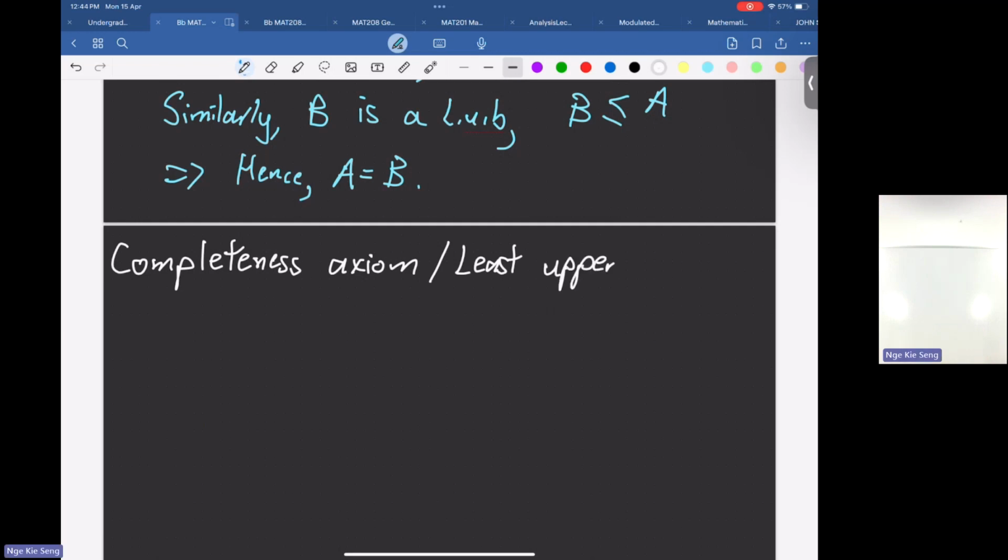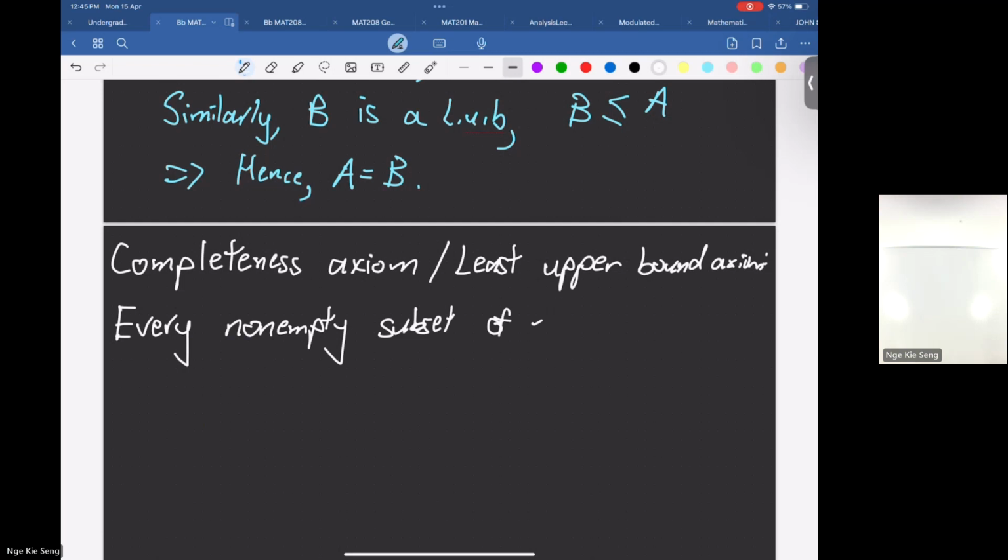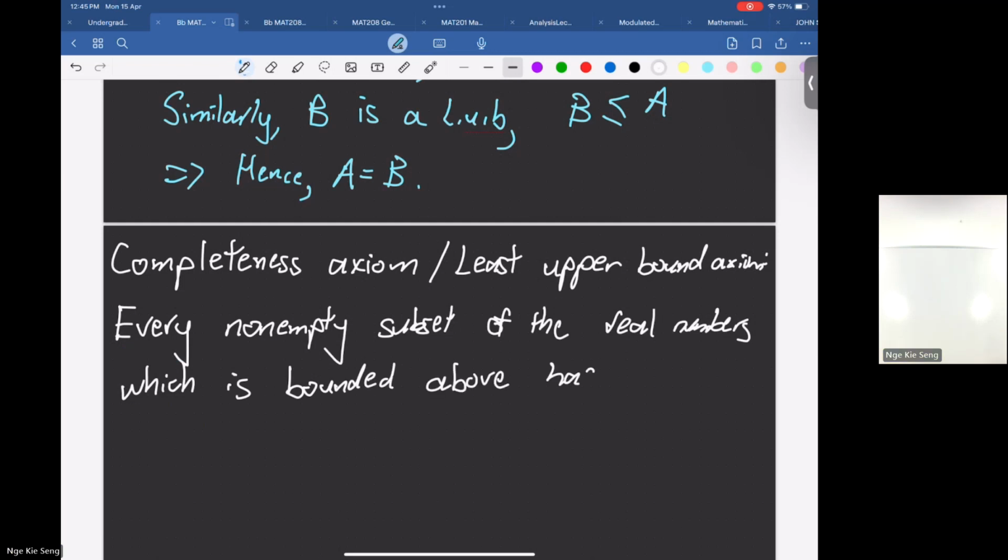What does this axiom do? It says that every non-empty subset of the real numbers which is bounded above has a least upper bound. So it solves the existence problem. I throw the least upper bound into my set.